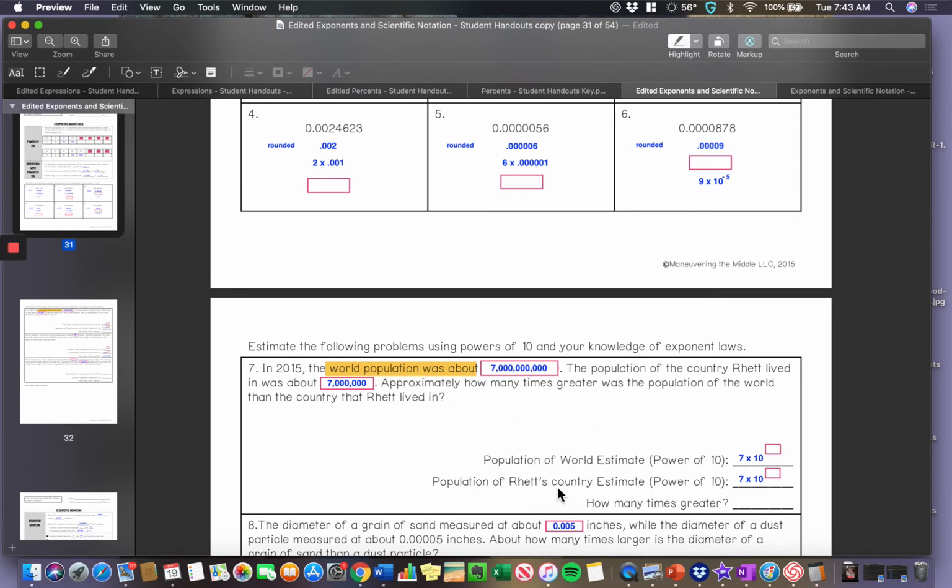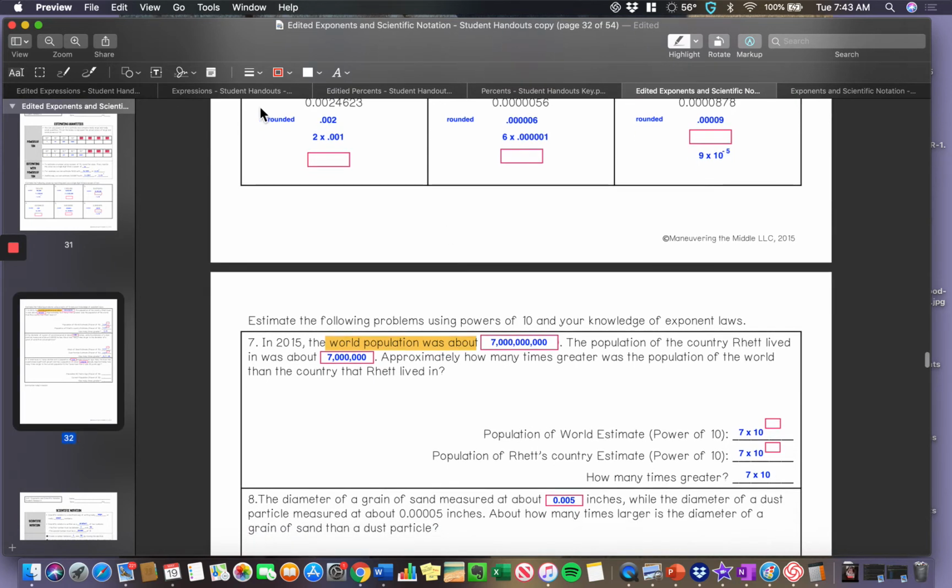Now, the population of Rhett's country estimate as a power of 10, we had 7 million times 10, so it would be 6 zeros. So we had 9 and 6. So how many times greater is that? It is 3 times greater. Right? So you could say something like 3, right?